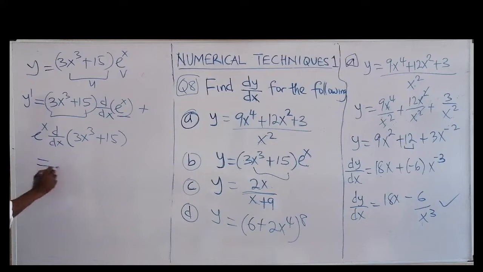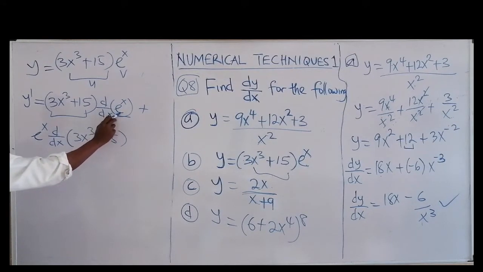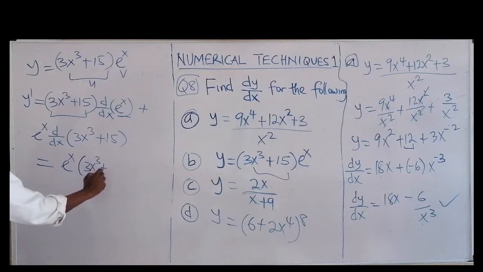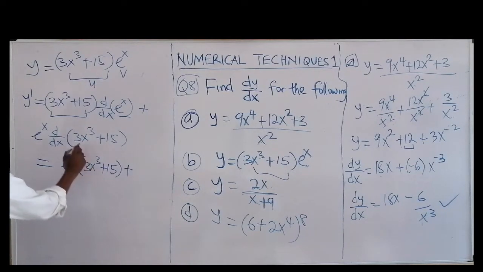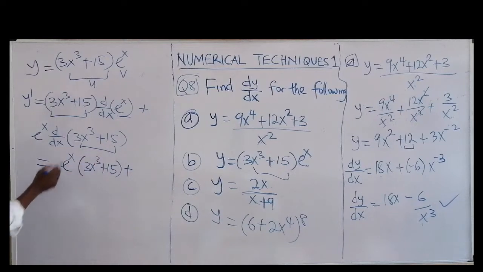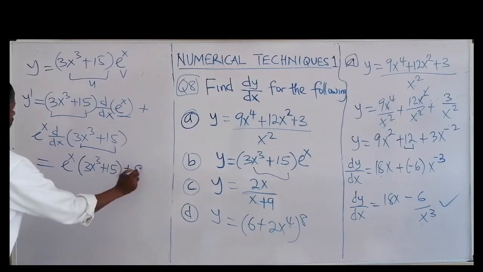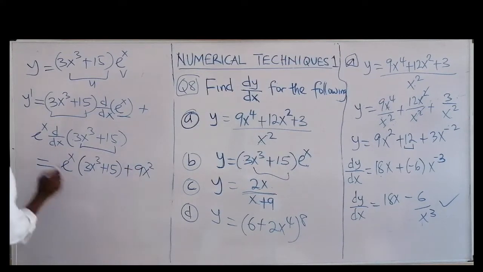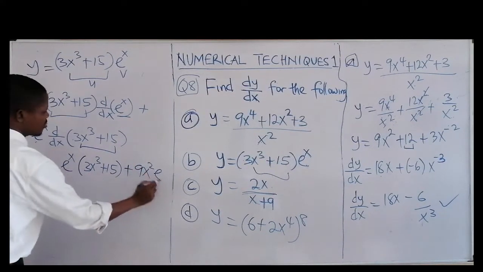And that will give us, if we differentiate this, the derivative of this one is the same thing, times 3x cubed plus 15, then plus the derivative of this one, that will be 3 times 3, that's 9, and then the power minus 1, that's x to the power 2 times the exponential.